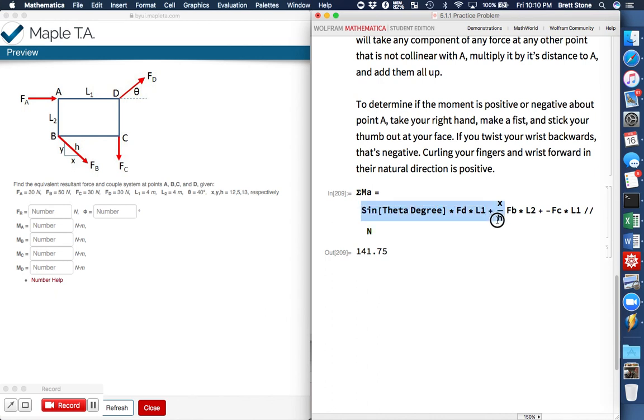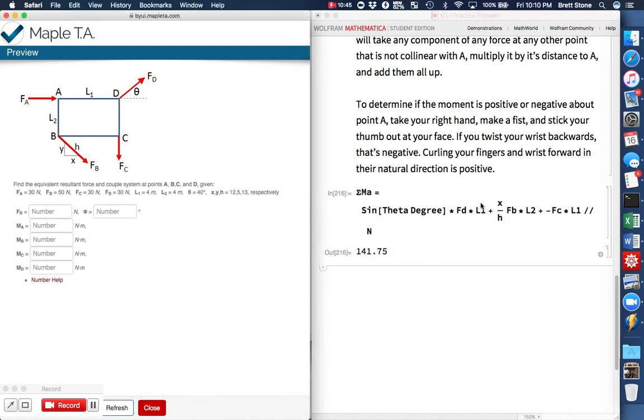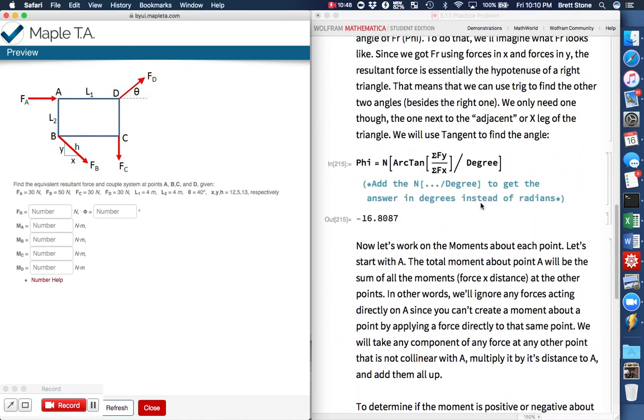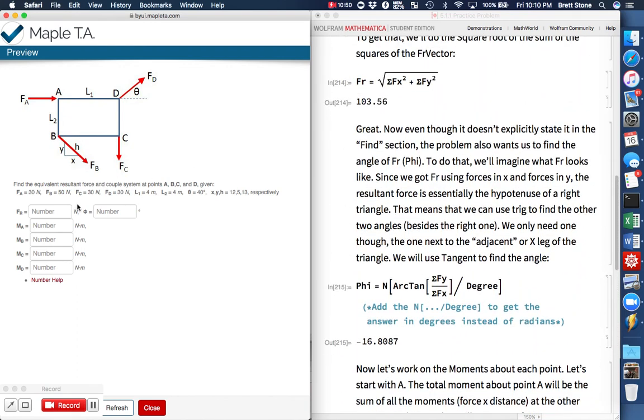Sum of the moments about A equals all that, and then we get 141.75. Let's plug those numbers in that we've got so far and make sure that we've got those right. So our resultant force that we calculated up here was 103.56. Phi, the angle from the x-axis up to the resultant force, we calculated to be negative 16.8087.